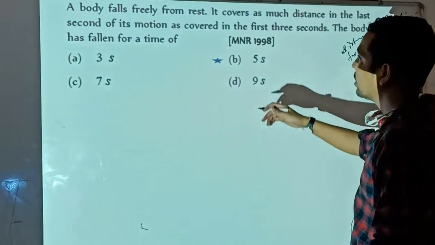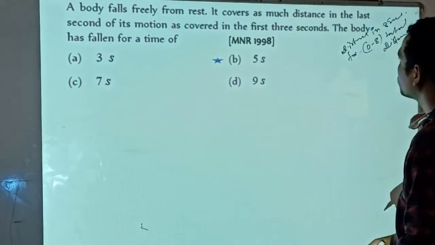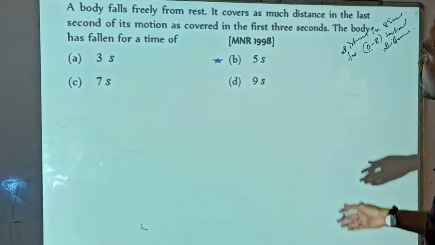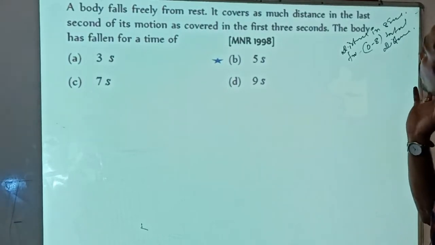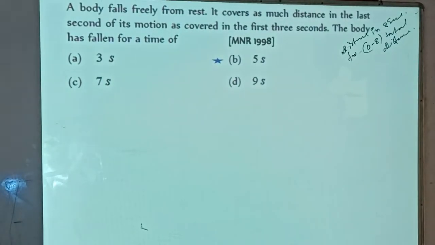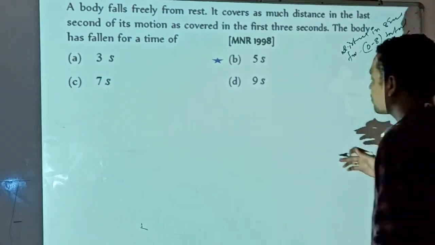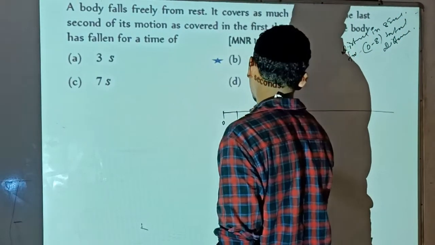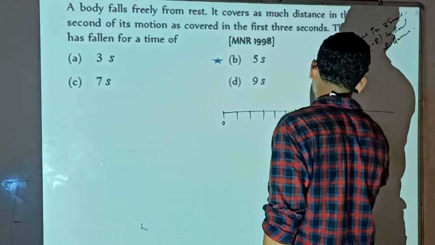What does the problem say? A body falls freely from rest. It covers as much distance in the last seconds of its motion as covered in the first 3 seconds. The body has fallen for... Suppose it moves from 0 and continues 1 2 3 4 5 6 7 8 9 10.